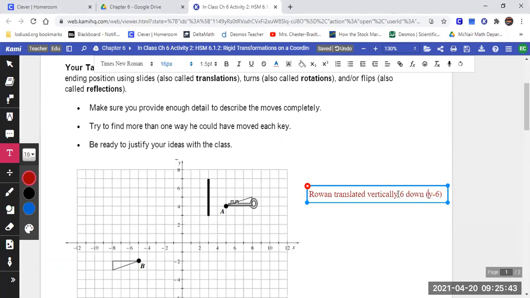But are we changing the x at all? Did we change the x if we just went down? No. So what would be happening is my x would stay the same, and we'd subtract 6 from the y. Let's see how that works.